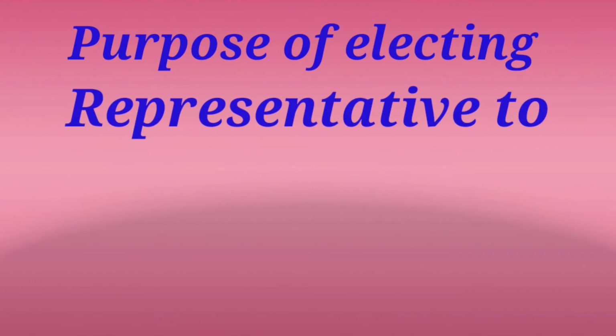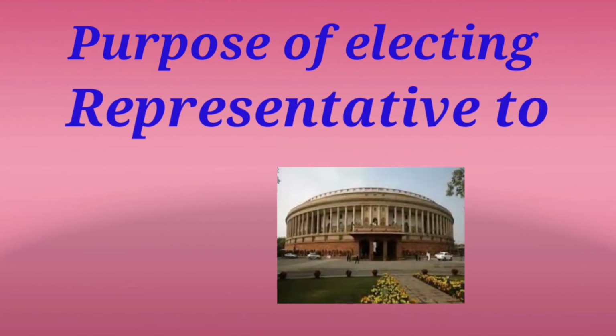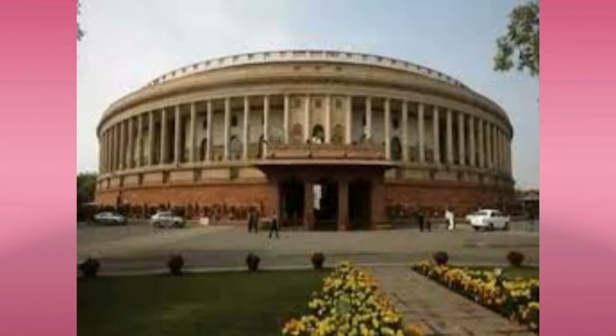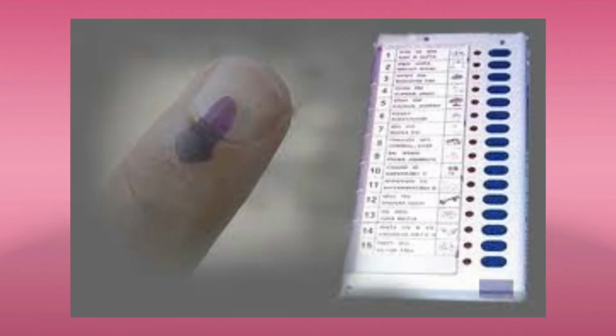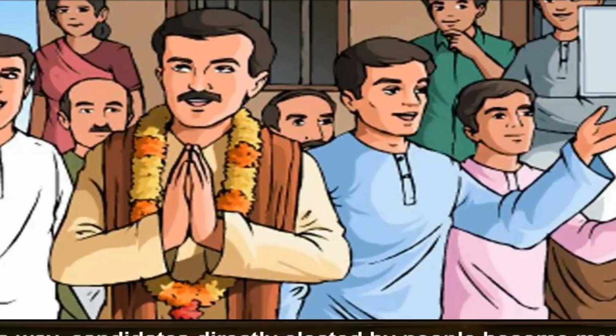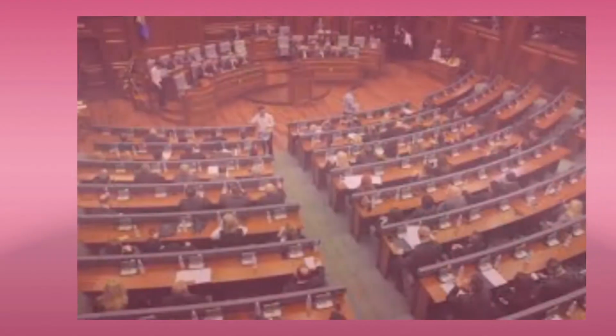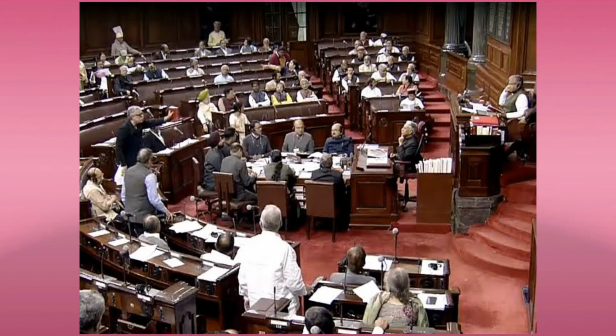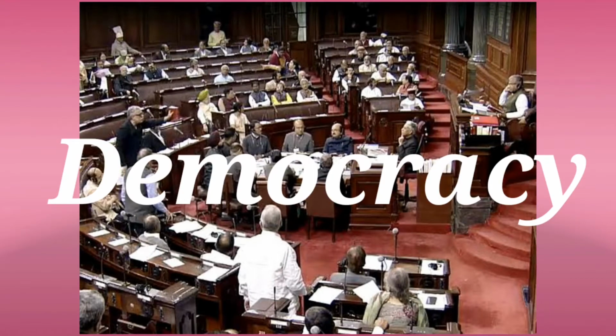Now let me explain the purpose of electing representatives to the Parliament. We cannot give our opinion directly to the Parliament. The person who is elected by the people is the representative of the people's voice. Whenever the process of decision making is going on, he can give the opinions, comments, and even the demands of the people to the Parliament directly.